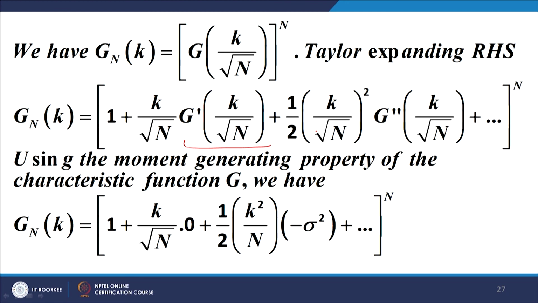So, when you put these values here, you get 1, g'(k/root n) gives you 0, and the next term gives you minus sigma square, minus because we are dealing with the characteristic function, not the moment generating function. So, this to the power n gives me g_n(k).